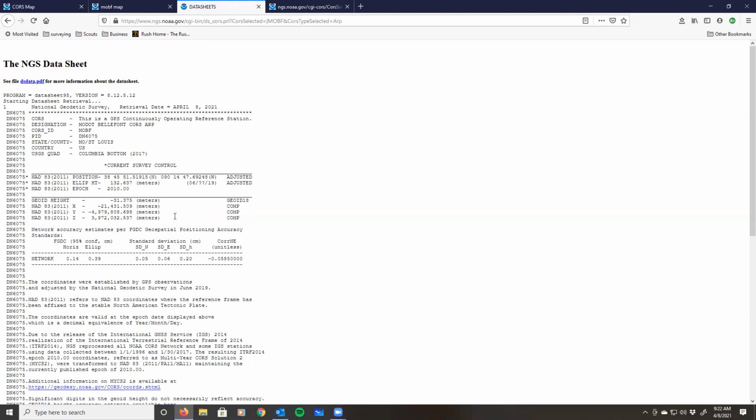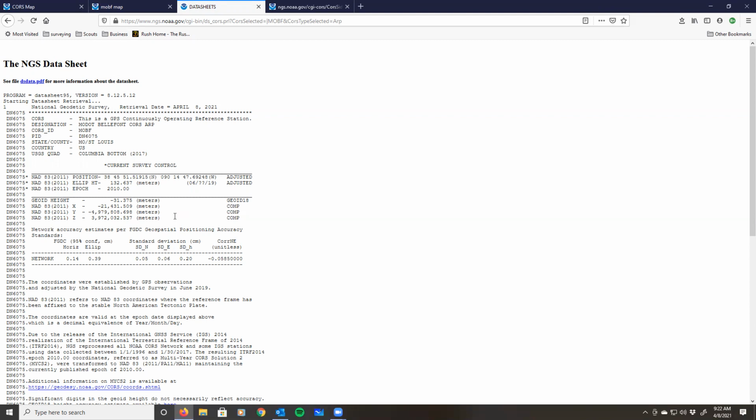So keep in mind, for any kind of conversion between meters and feet, if you're going from meters to feet, you multiply it by 39.37 divided by 12.